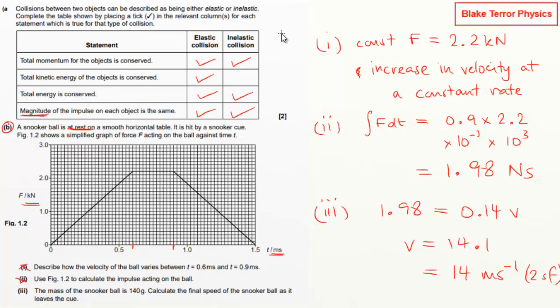It refreshes our memory on all of this description and terminology around our different types of collision, and then a little bit of graph work. Hopefully this is showing that collisions aren't really that scary once you've got the idea of what an impulse is in your head and the calculus isn't worrying you too much. Then yeah, impulse is fine.